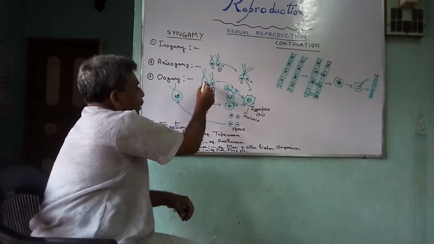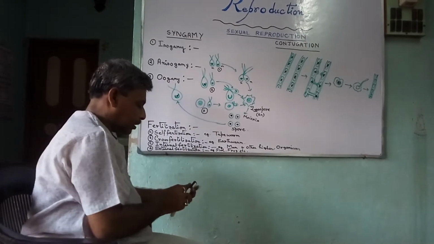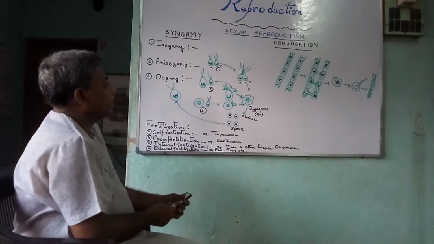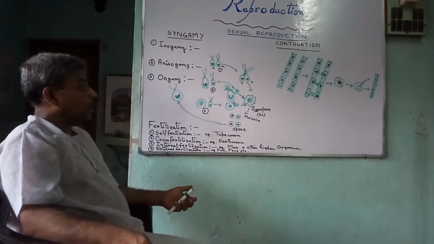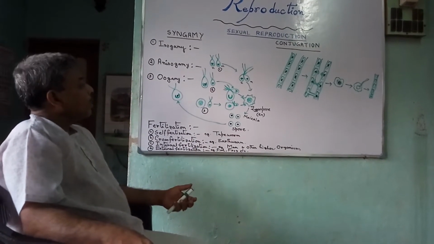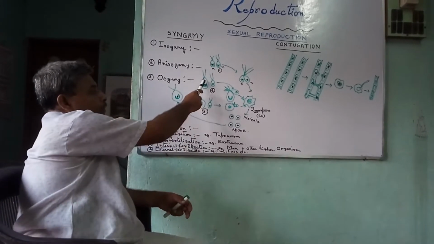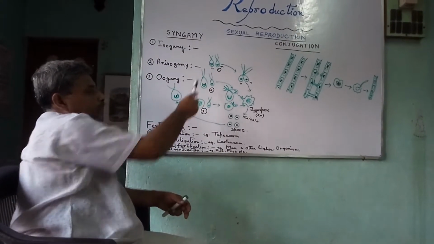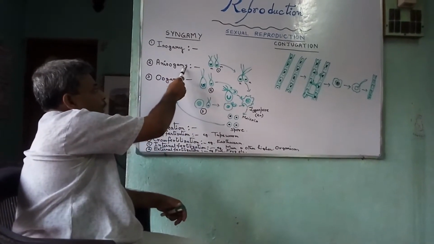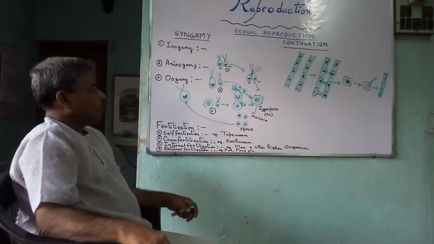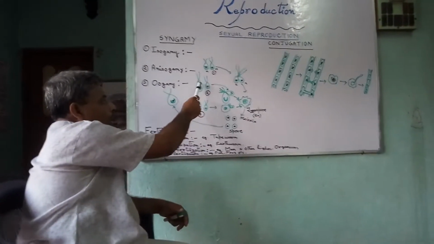When the two gametes are slightly different, depending on morphology, both possess a flagellum, that is, both are motile and can move, but one is very much larger in comparison to the other, then it is called anisogamy. An means no. These two are not identical in shape.